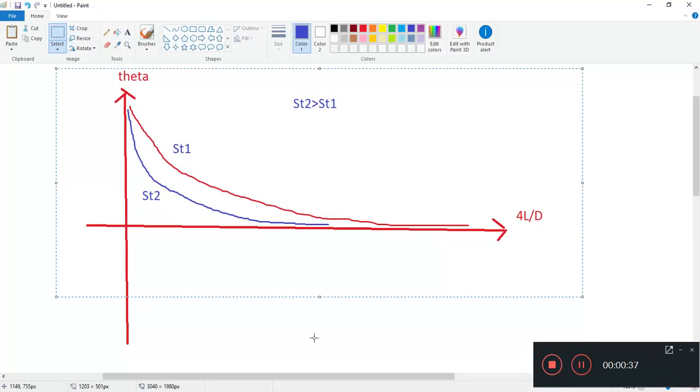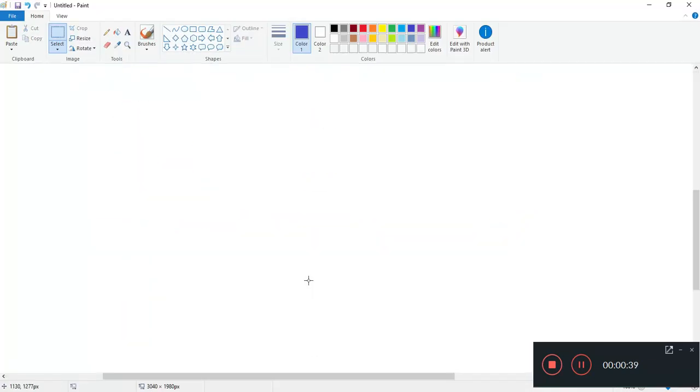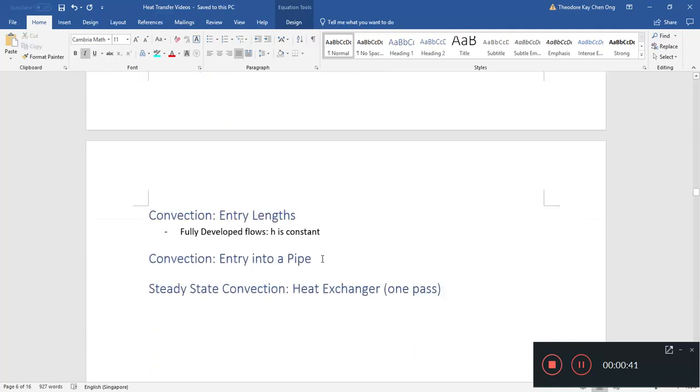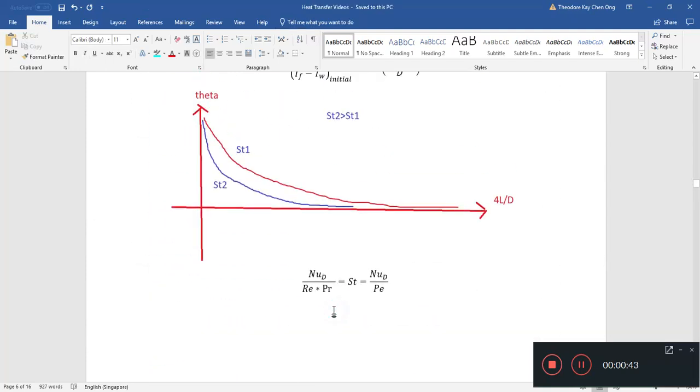So in our problem, we assume fully developed flow. All right, hydrodynamically fully developed, but thermally we are not so sure, right?